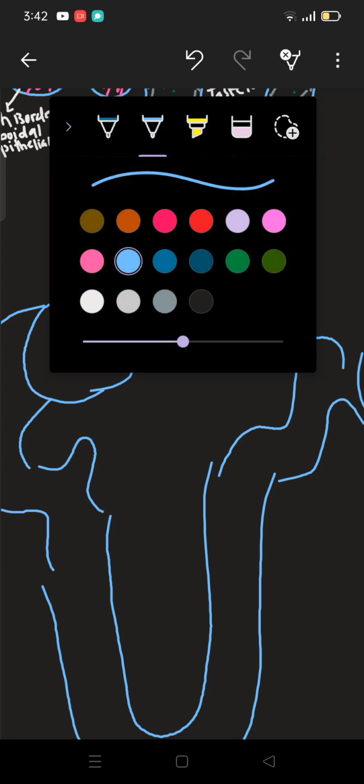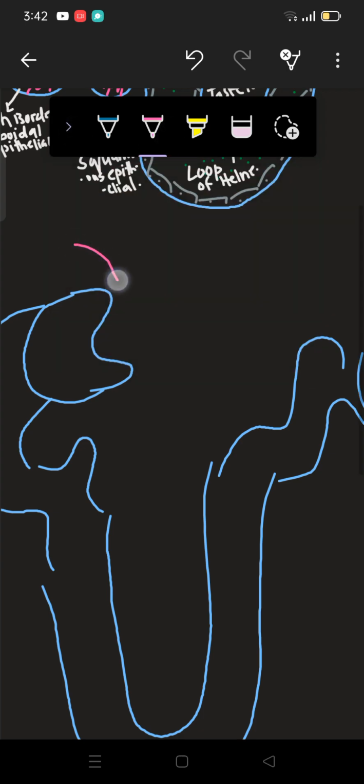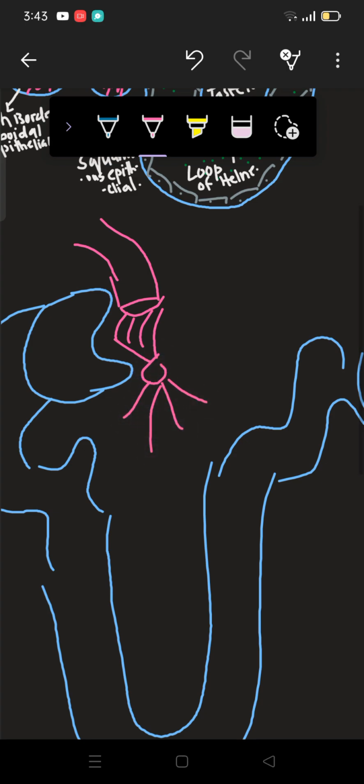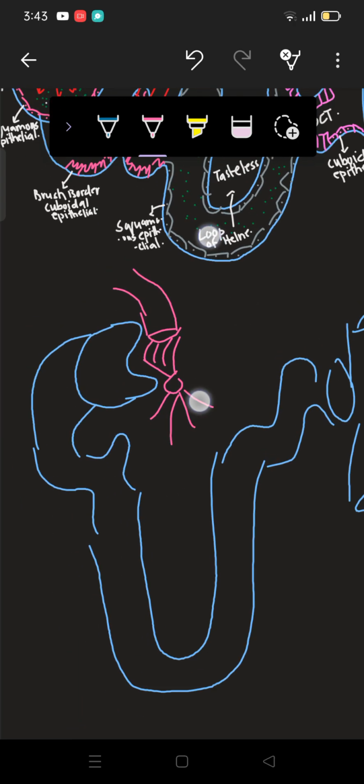And you know that the artery is carrying blood. So this is the afferent arteriole. Then it is subdividing into capillaries. And then we have efferent arteriole, and then it will divide into other capillaries which are known as paratubular capillaries.